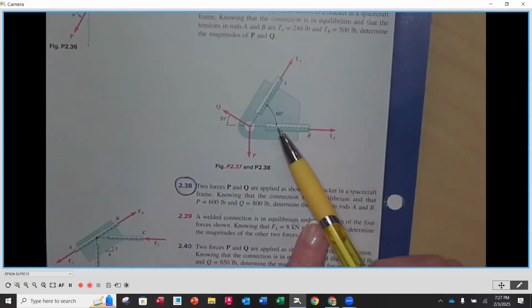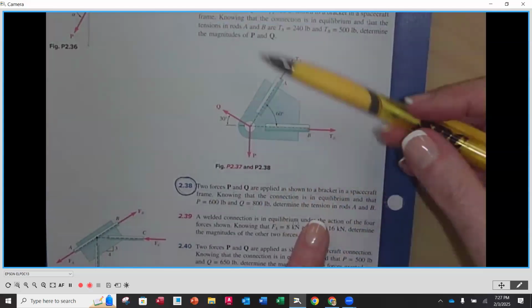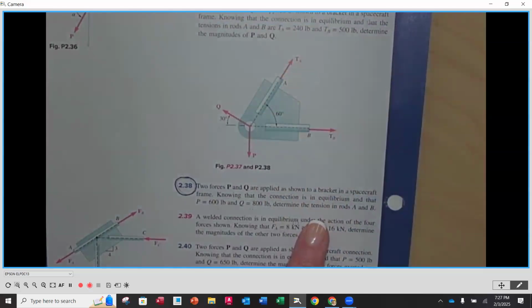Now, they're extending their line of action so that they share that same common point. So you're going to simulate this just like we did before on all of our problems, X and Y axis, and they're all going to come from that origin with their common point, concurrent force system. So the tensions in A and B are what you're trying to find.